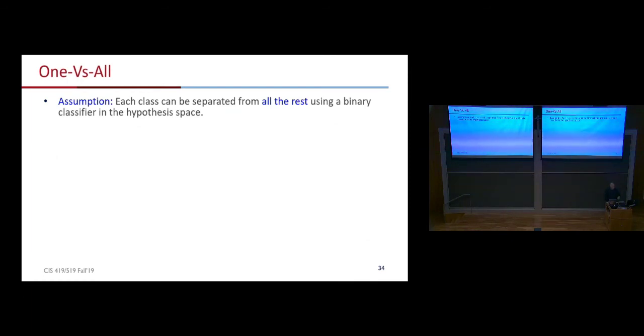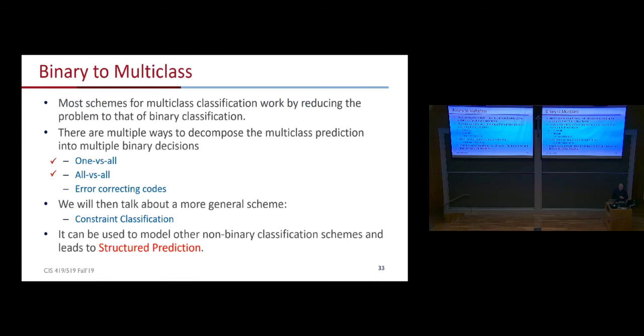Okay, so what is one versus all? Or maybe let me ask a question. I already gave you the name, so it gives you some hint. What would be the first thing you would do if you want to solve a multi-class problem and you have a box that knows how to solve binary problems?